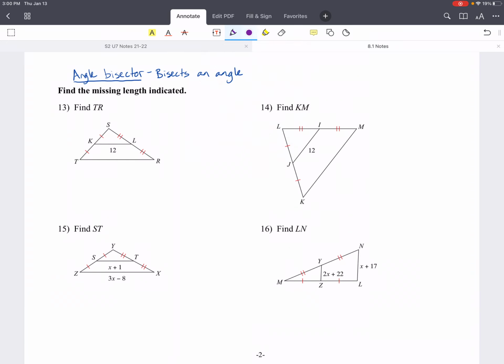Okay, the last thing, this is called the mid-segment of a triangle. It connects two midpoints. Or I should say it connects the midpoints of two sides of a triangle.